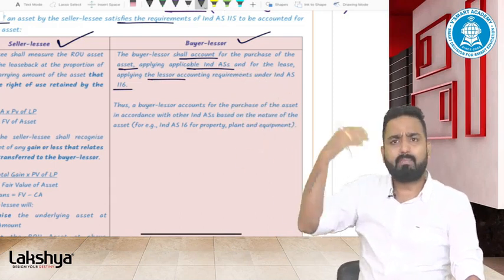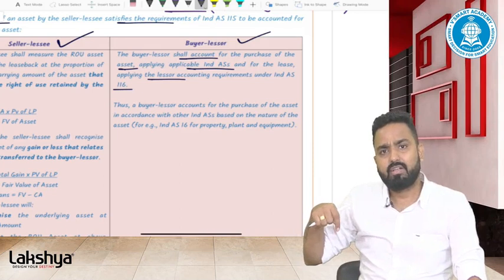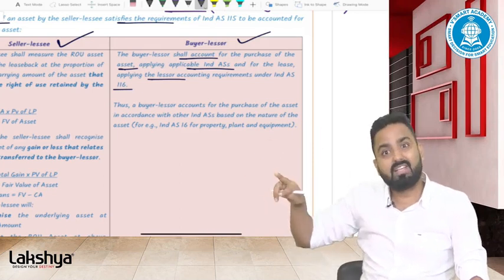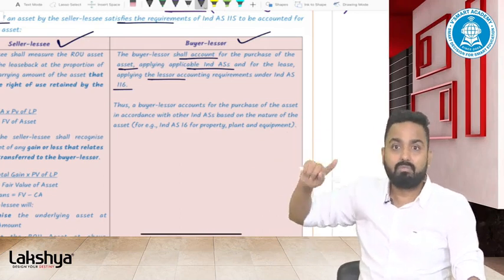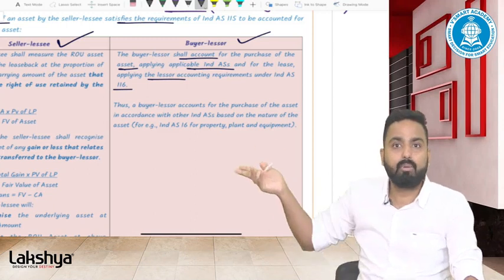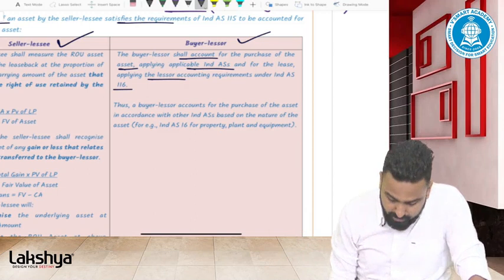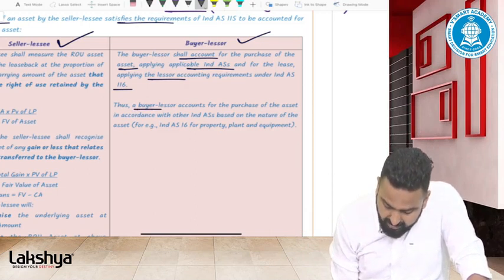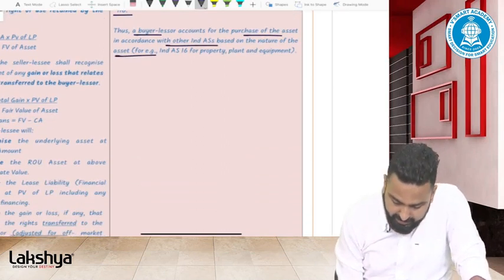First, he is the buyer, so he will purchase the asset and record it. Second, he is the lessor, so he will apply Ind AS 116 and classify the lease as finance or operating lease, generally operating lease, obviously. Thus, a buyer lessor accounts for the purchase of the asset in accordance with other Ind AS based on the nature of the asset.